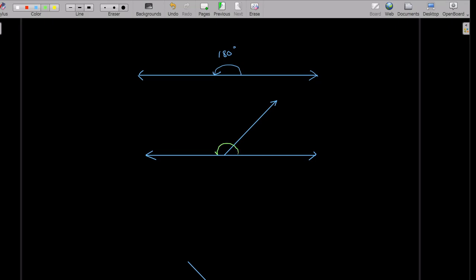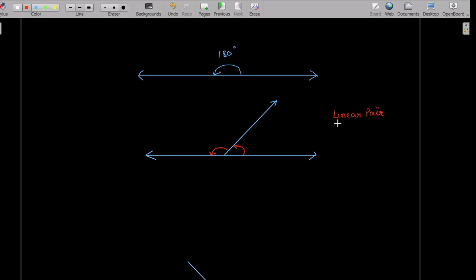So this angle will still be 180, but now it's been divided into two angles. Now you have this angle and this one. So these two angles form something called a linear pair.